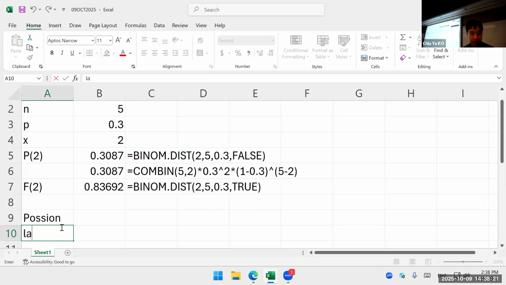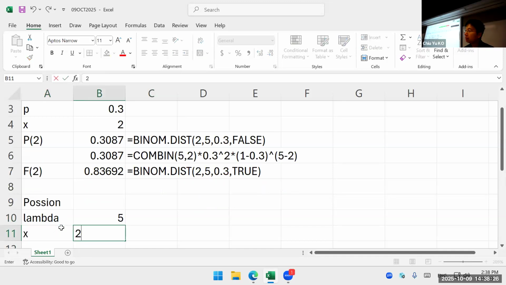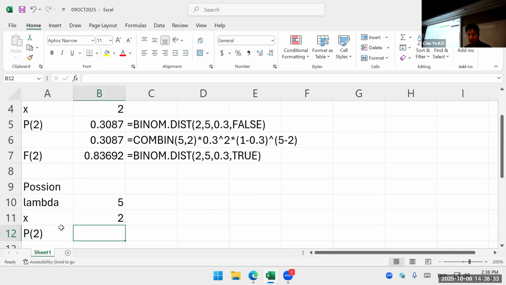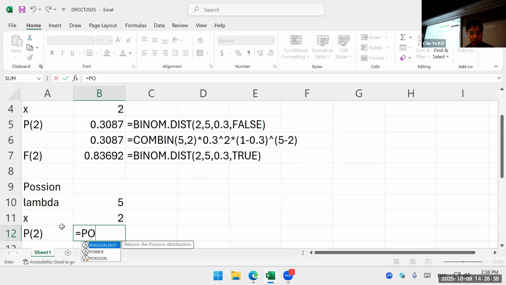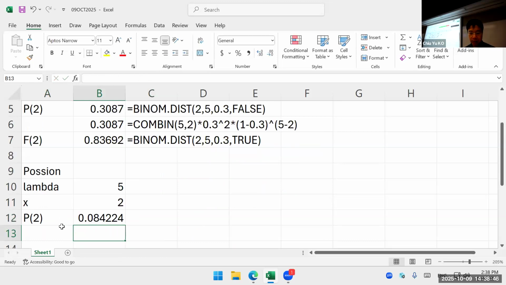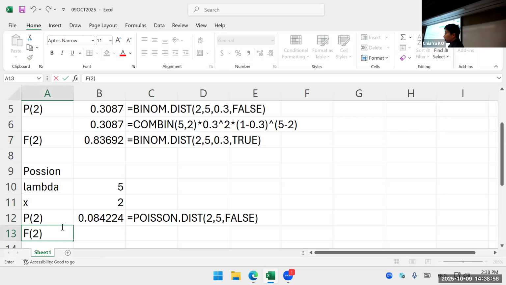Poisson only has one parameter, lambda. Lambda is 5. X is 2. And P of X, P of 2, right? So in the next hour, 5 come in on average, and what is the probability of exactly 2? So just Poisson.dist with 2, 5, and then false. Then we're done.